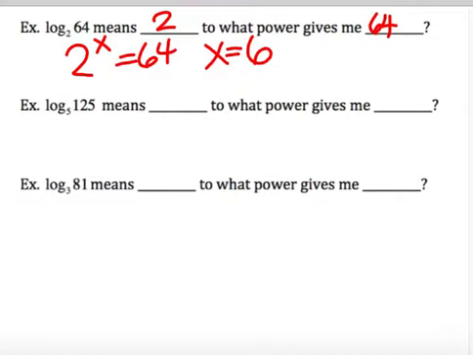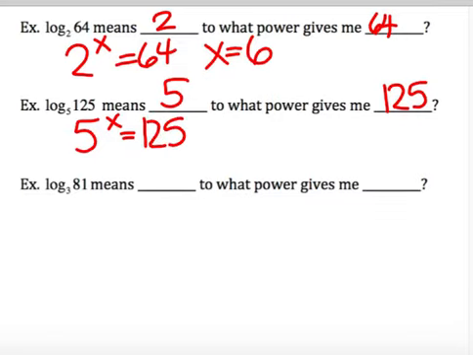The next example, log base 5 of 125 means 5 to what power gives me 125? Again, we write that exponentially: 5 to the what is 125.